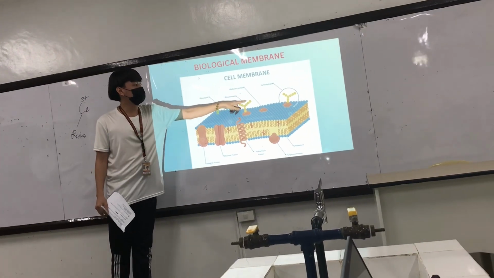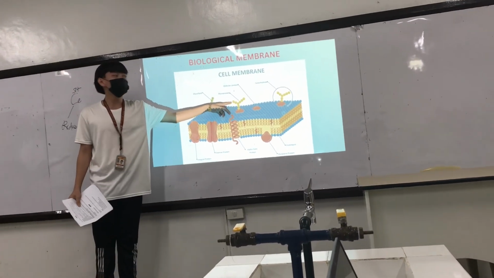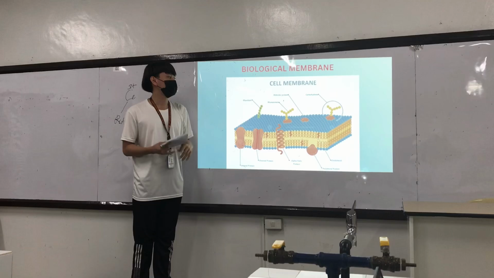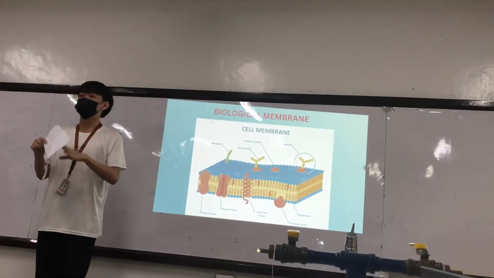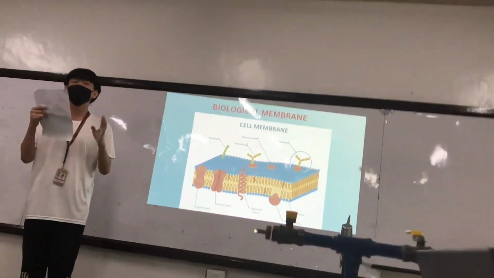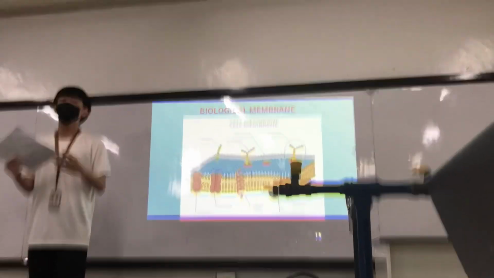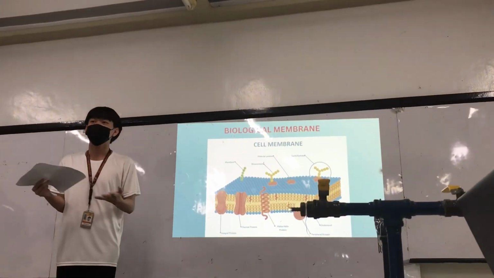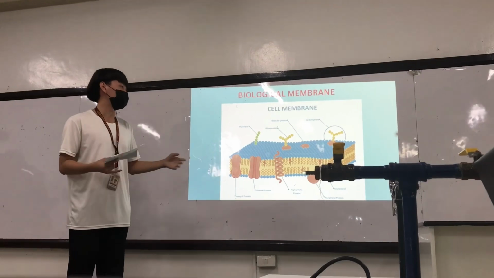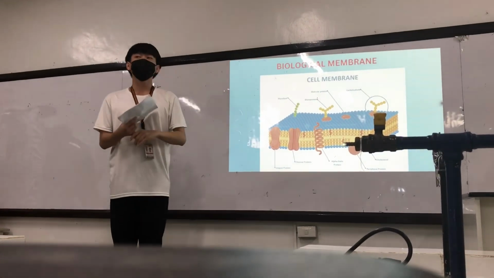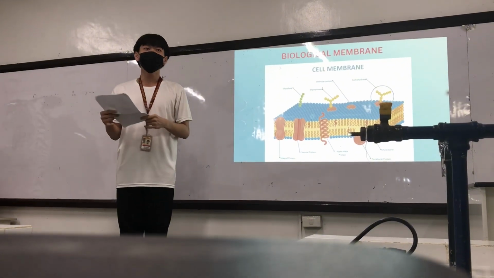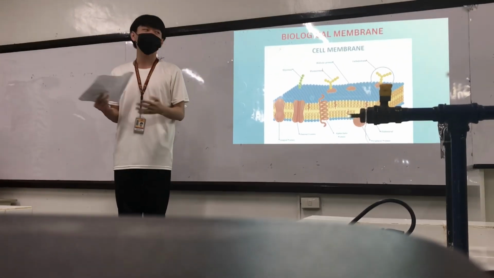Glycoproteins. This area is what we call a glycoprotein. A glycoprotein is a protein with sugar chains, which is very important for cell signaling, cell communication and recognition. Carbohydrates are the sugar chains that help with cell recognition.